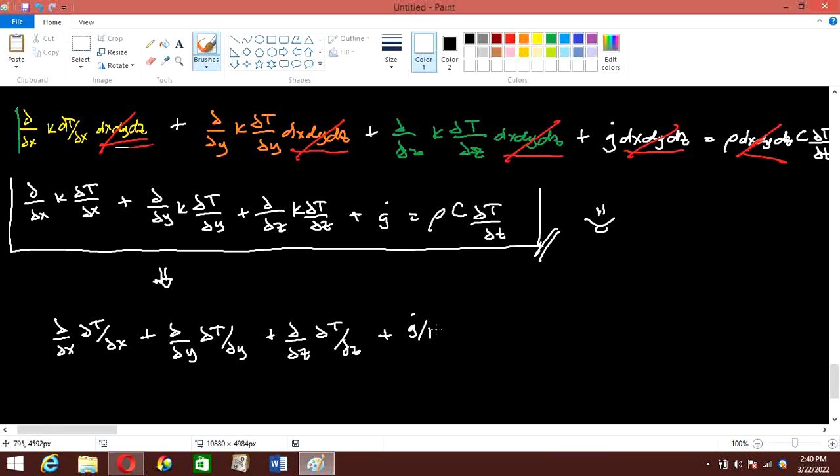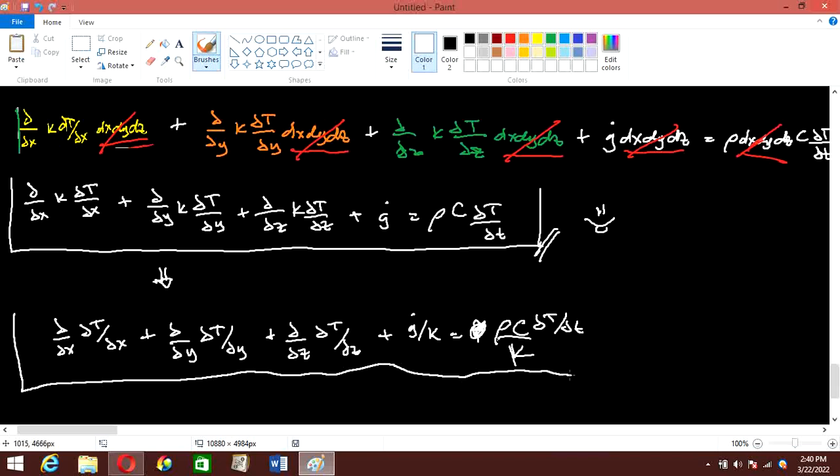Plus, right, because we divide the whole term with k, and also this part here, right? So we can also use this expression. So that's all.